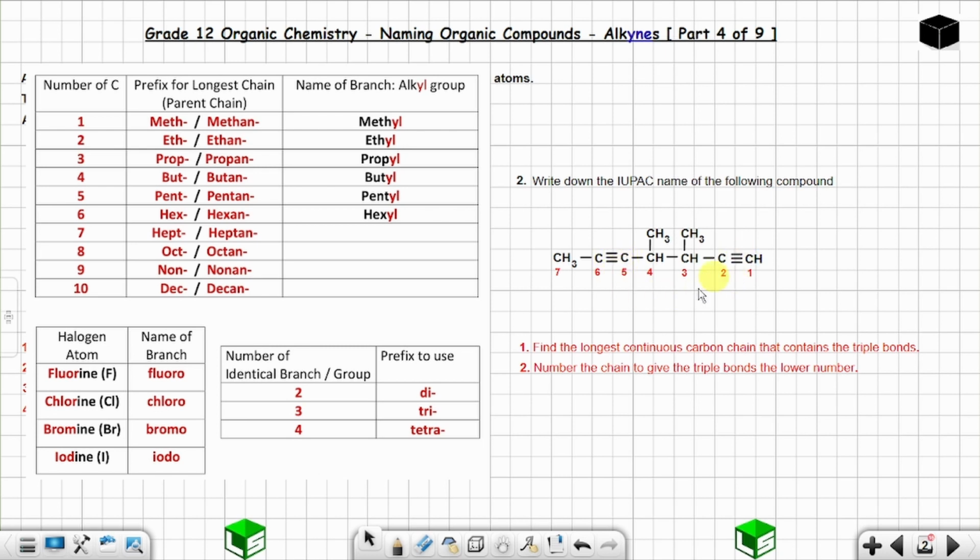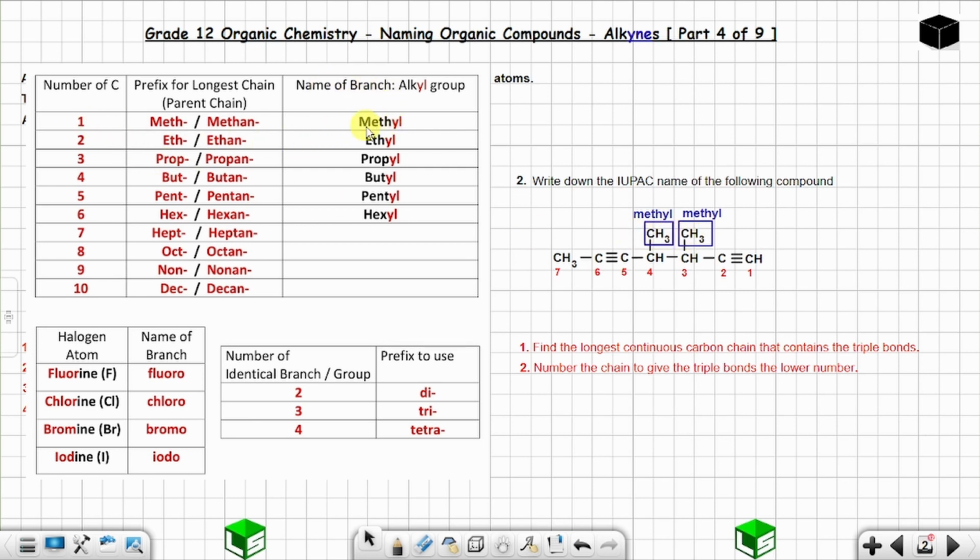You have a branch on carbon number 4 and another branch on carbon number 3, 2 branches. When the branches are made up of one carbon atom, the branch is known as methyl. So this is a methyl and this is also a methyl. One carbon atom, methyl.